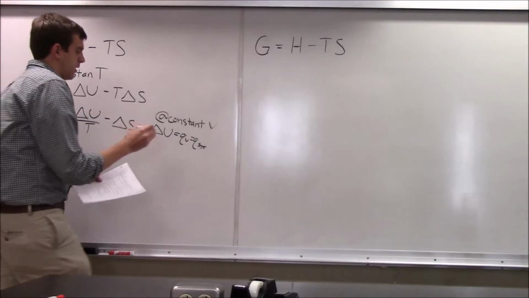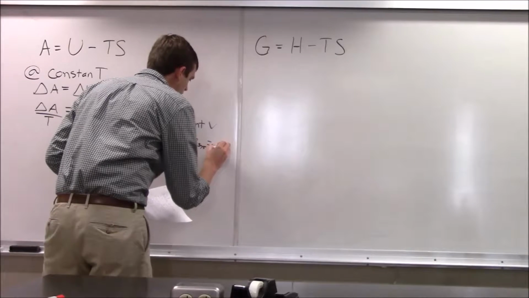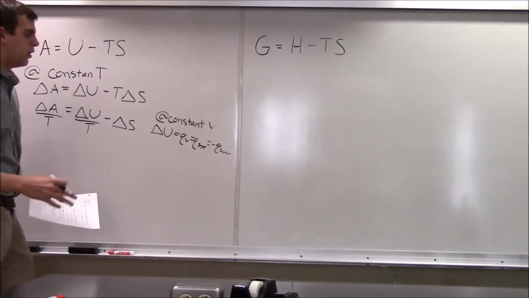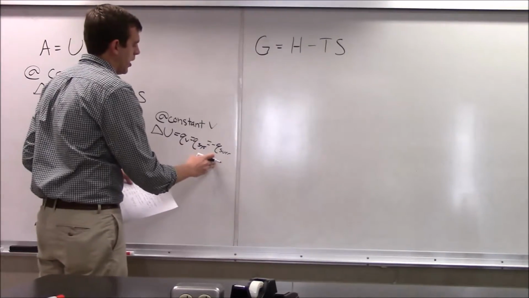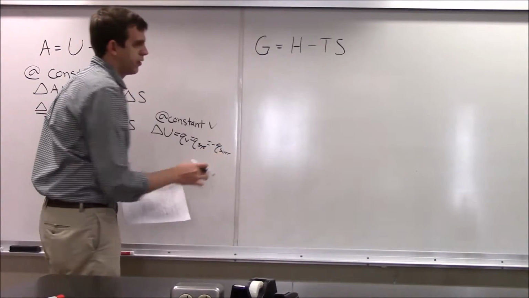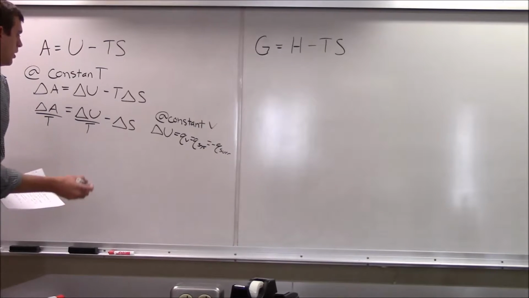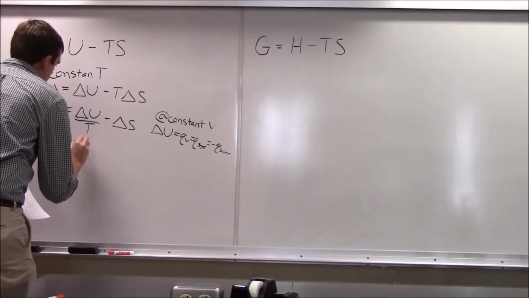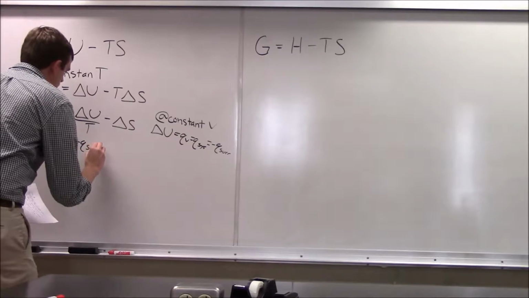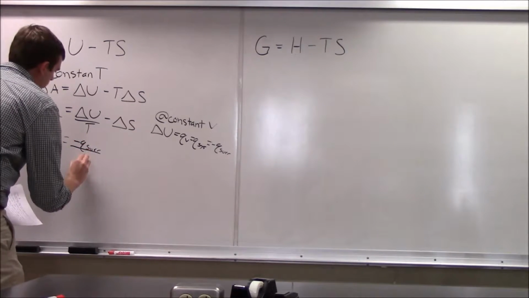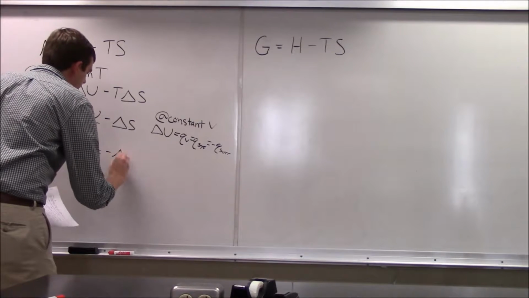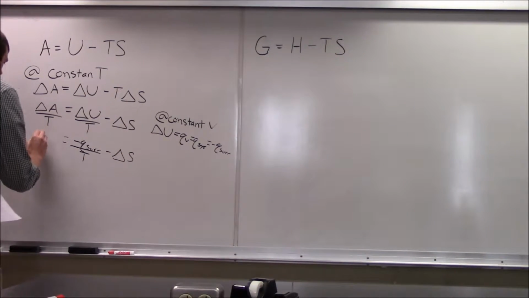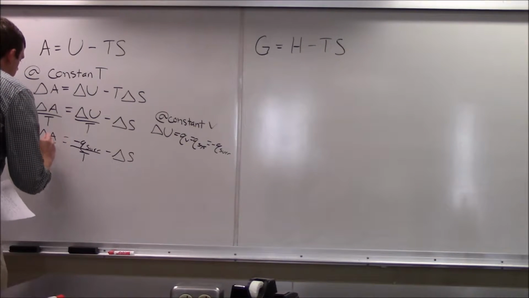Then we can say that this is equal to negative heat of the surroundings. So this is the heat transfer in or out of the system, and it's equal and opposite to the heat transfer in or out of the surroundings. Plugging all this in, what we get is the negative heat of our surroundings over T minus the entropy change of our system, and that's all equal to the change in Helmholtz free energy over temperature.